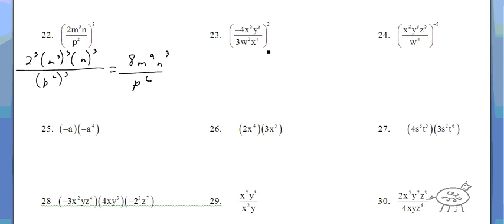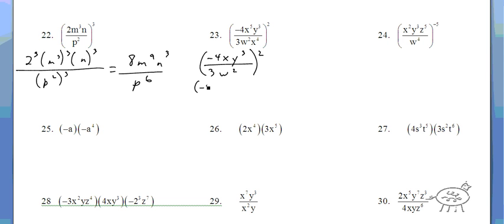Okay, this one I'm going to simplify a little bit. I can battle the x's. If you can, remember, always try to simplify. So negative 4, the north wins by 1. So y to the 3rd and 3w squared. And that's the 2nd power. And then I square everything.